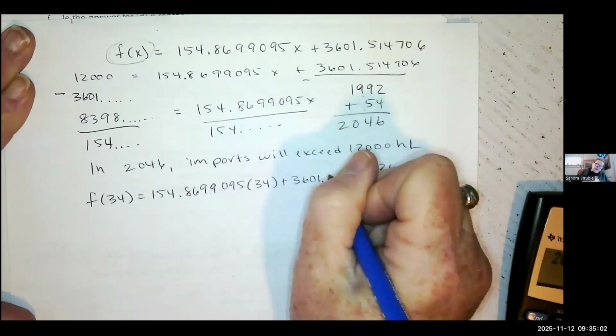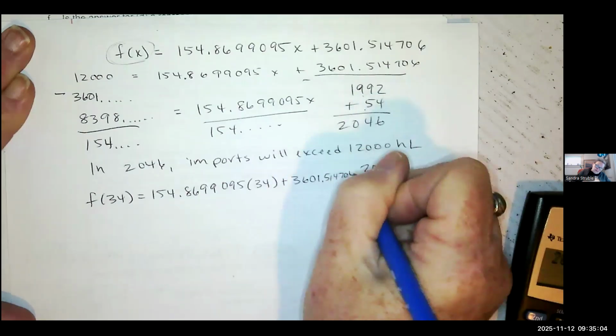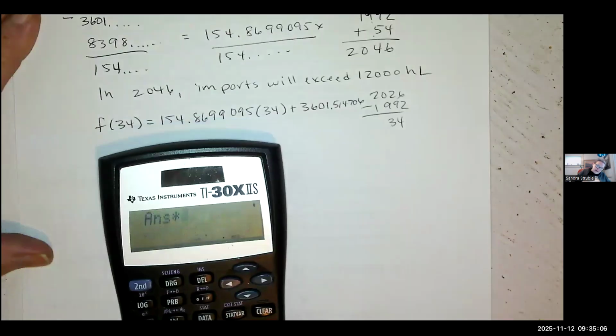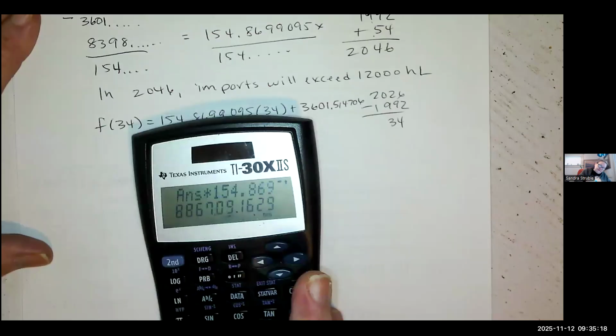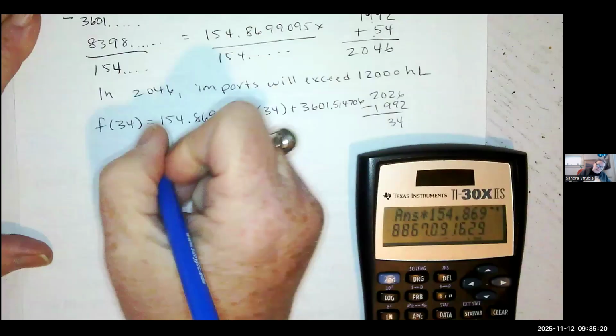All right, let's put that in the calculator. So times 154.8699095 plus 3601.514706. 8867.09.